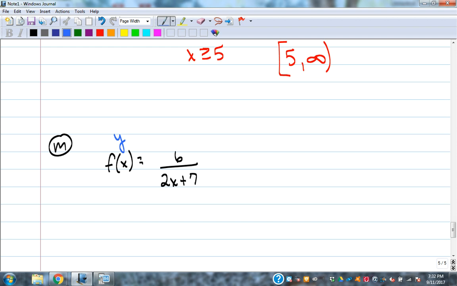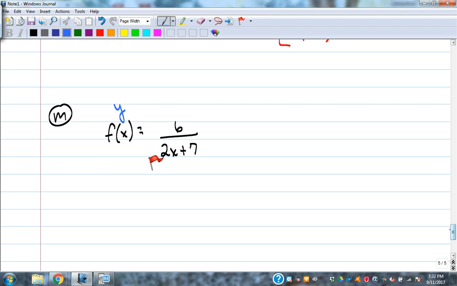If we're going to find the domain of that, is there a red flag on this one? Yeah, we've got an x in the denominator. That's a problem. How do we take care of it? Greater than or equal to 0?